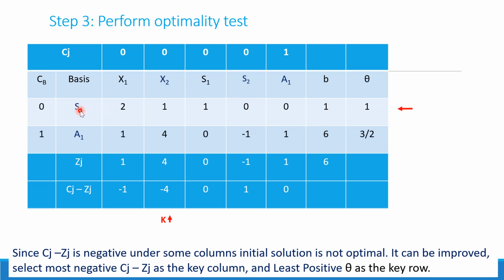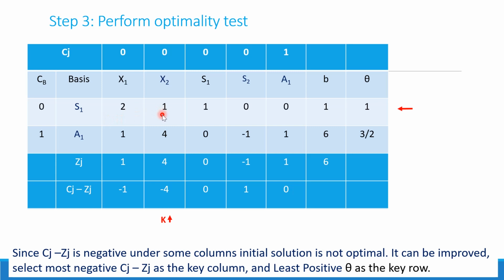So this row will be your key row, this will be your key element. The key element is already unity. Now here x2 is your entering variable, s1 is your leaving variable. S1 will leave the basis column. Now this s1 will be replaced by x2 in the next table.